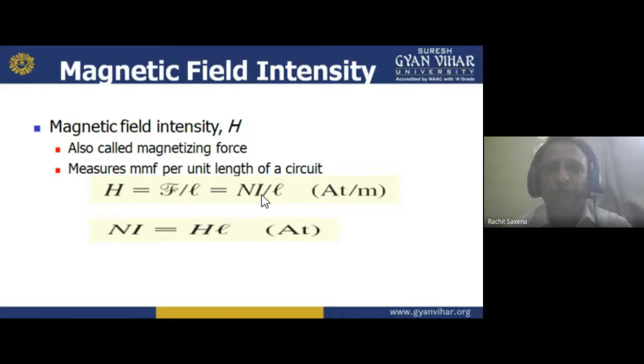Now, if I'm talking about the magnetic field intensity, it is basically the magnetizing force. Magnetizing force means, for example, if I'm talking about electromotive force, it is basically what? It is an applied force through which the charges are moving from one end to another end.